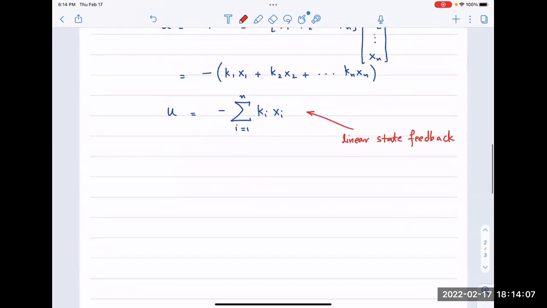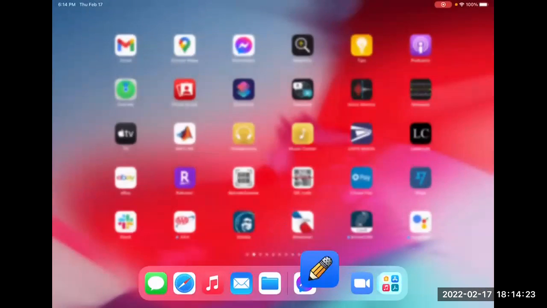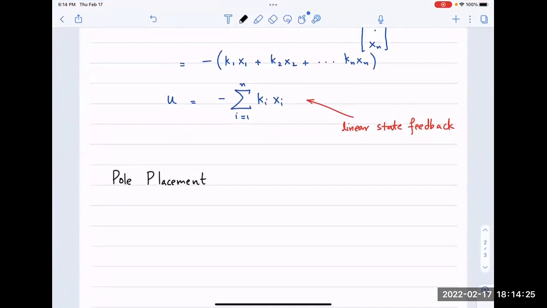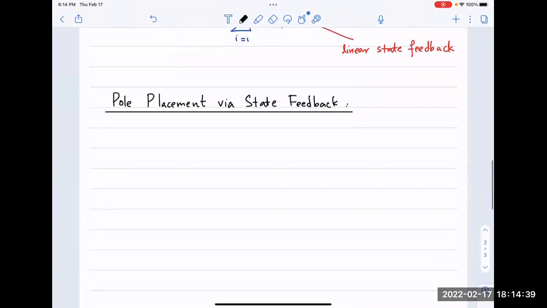So today's topic, as you've figured out from this introduction, is pole placement. We want to place the poles of the system via state feedback. That's the broad goal of the lecture today.